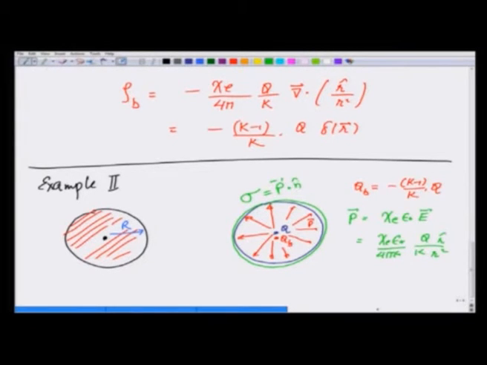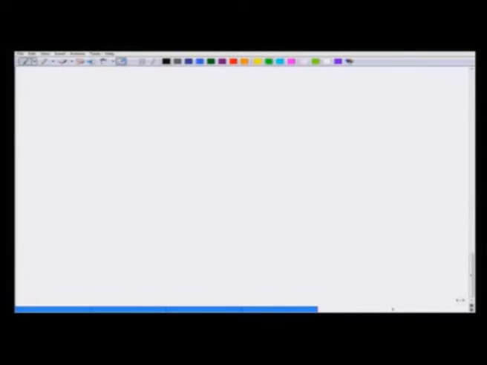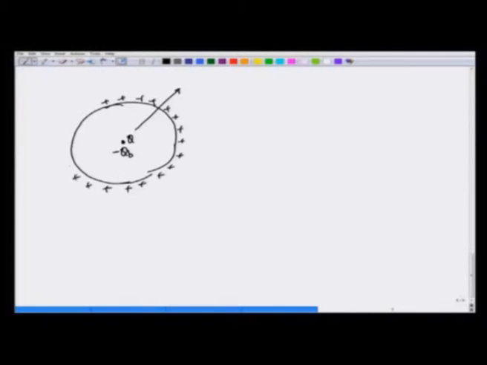So, let us see the picture that is emerging now for the case of the finite size sphere of dielectric with a charge q inside. There will be a q bound, and there will be this positive charge because P is coming out all over, which will be P dot n.